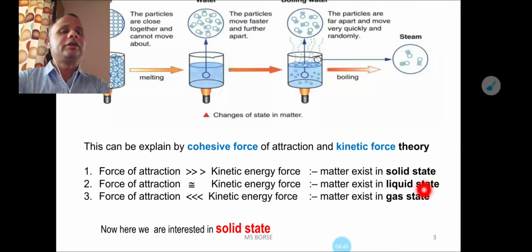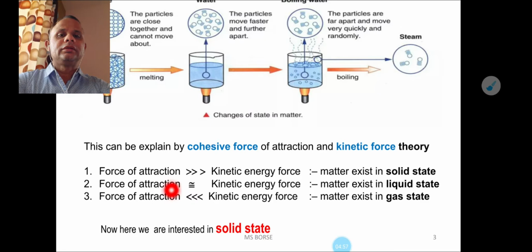If you again increase the temperature, that means you increase the kinetic energy of the system, and the cohesive force of attraction is very less. That means kinetic energy is greater than cohesive force of attraction, which is near about zero. If this third situation arises, then your system or matter goes into the gaseous state.